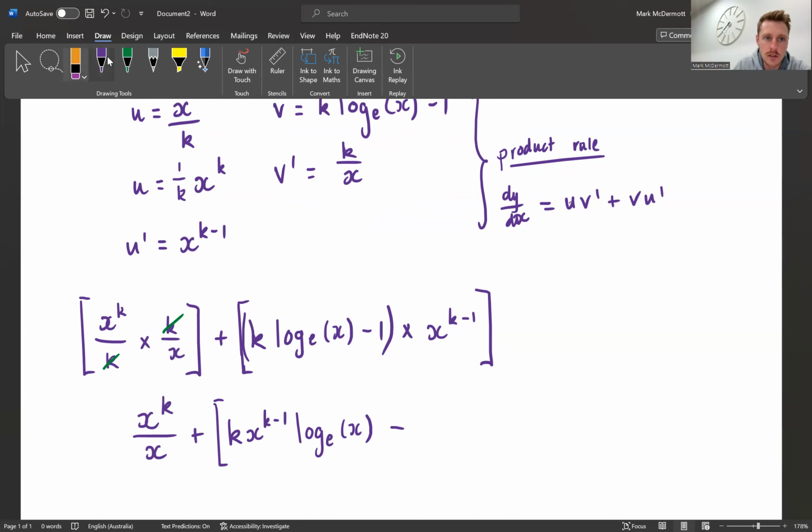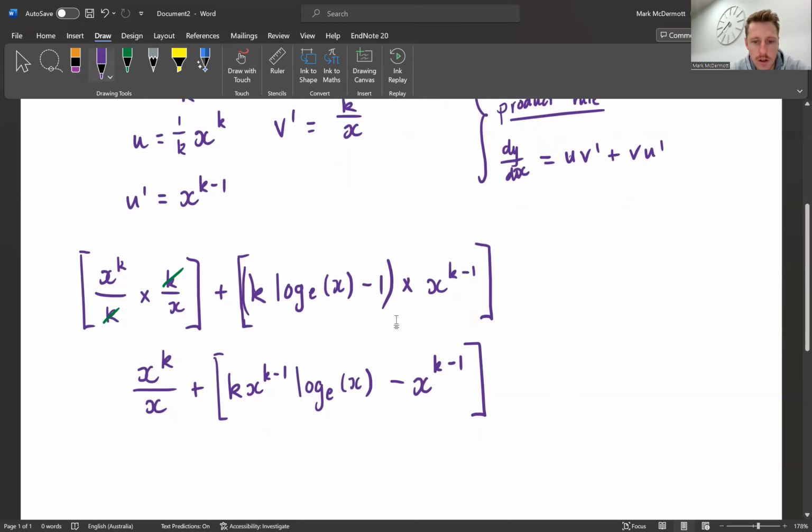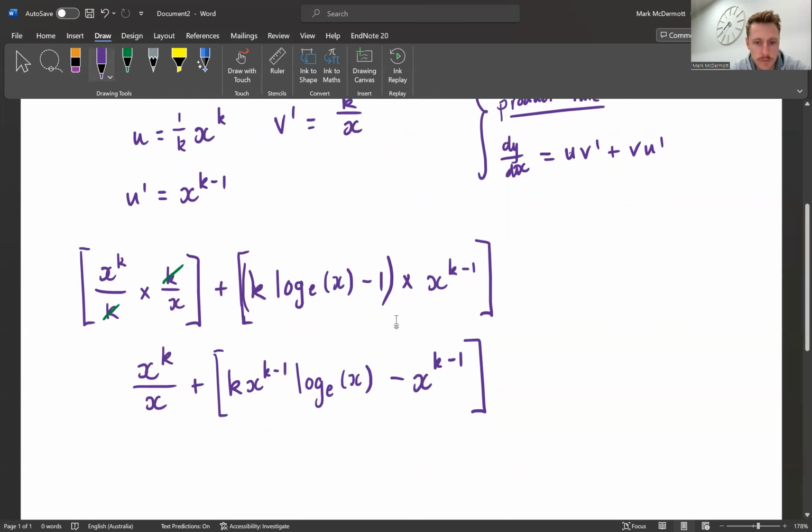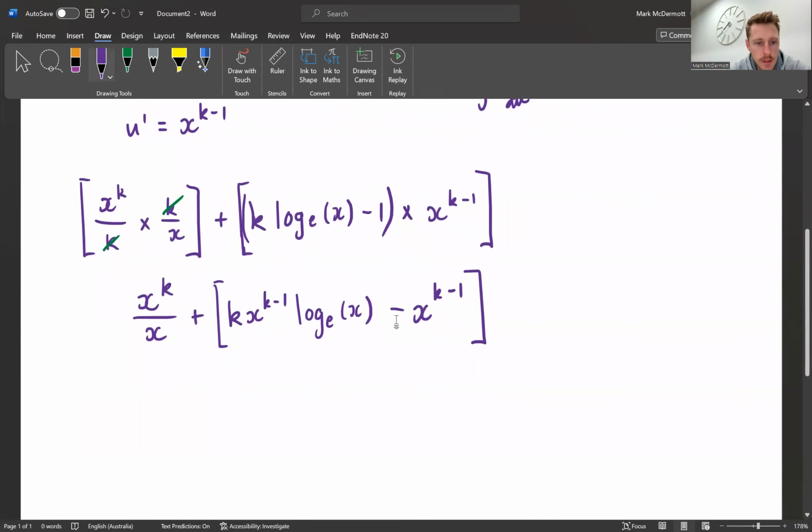So it's going to be minus x to the power of k minus 1. And then these brackets aren't actually doing anything at the moment, so we can just drop them because it's all addition. We don't need to expand any negatives in.